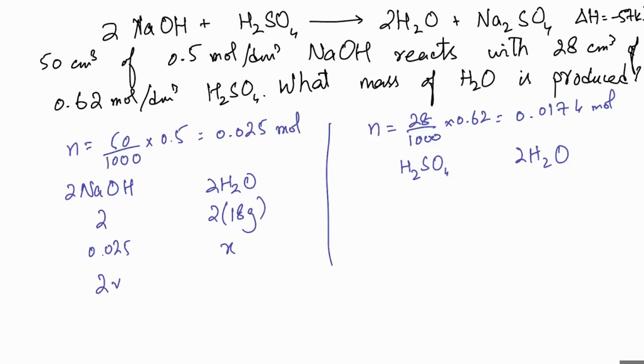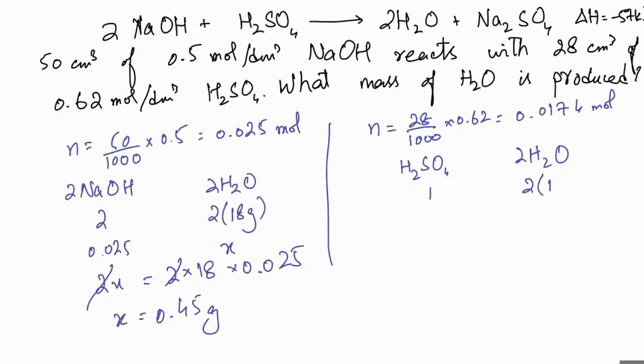So 2x is equal to 2 times 18 times 0.025. ये 2 cancel हो गए. So I'm gonna get 0.45 grams. एक ही option है. And over there, 1 mole produces 2 times 18 grams. I have 0.0174 moles. So that will produce x grams. X is going to be 0.0174 times 2 times 18.